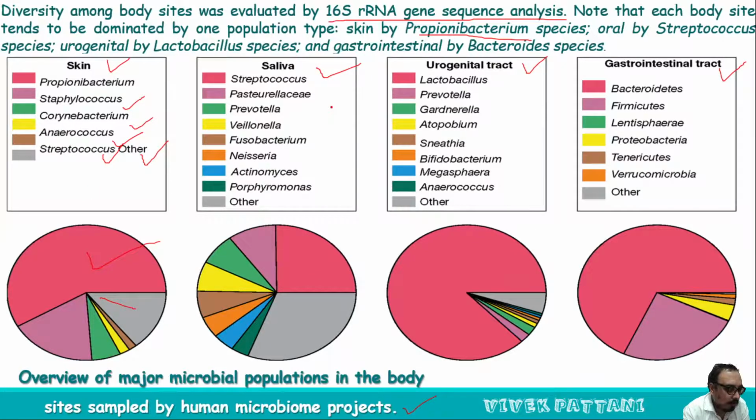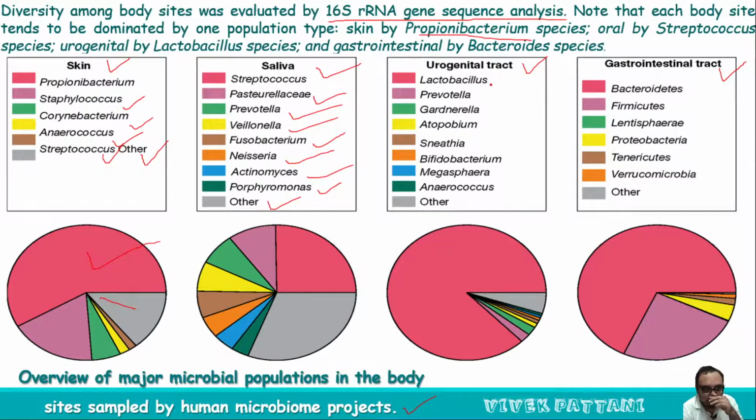outside the human body. In the case of saliva, Streptococcus, next comes the Pasteurellaceae family, next Prevotella, next Veillonella, next Fusobacterium, next Neisseria, next Actinomyces, next Porphyromonas, and the rest are other bacteria.